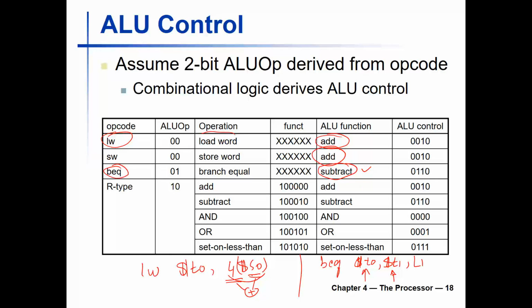For the R-type operations, for add we do an add in the ALU and subtract in the case of subtract, and all these we can take from the funct field in the R format. Notice here I produce these ALU control signals that tell the ALU what to do: add or subtract or ANDing or ORing or set if less than.